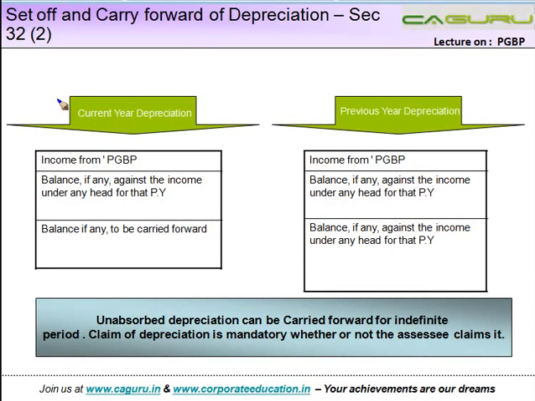Let's see. Depreciation can be either current year depreciation or previous year depreciation. When I say previous year depreciation, what I mean is any depreciation which has been brought forward from the earlier years.